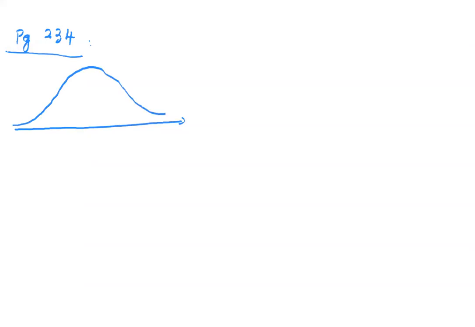So whatever normal distribution is given to me, the probability of X between mean minus 1 standard deviation and mean plus 1 standard deviation is always 68.26%.